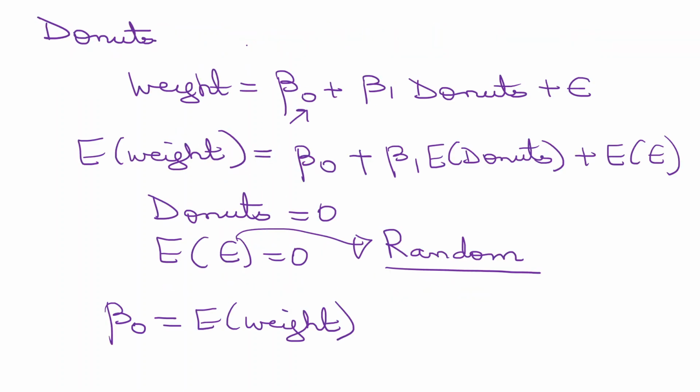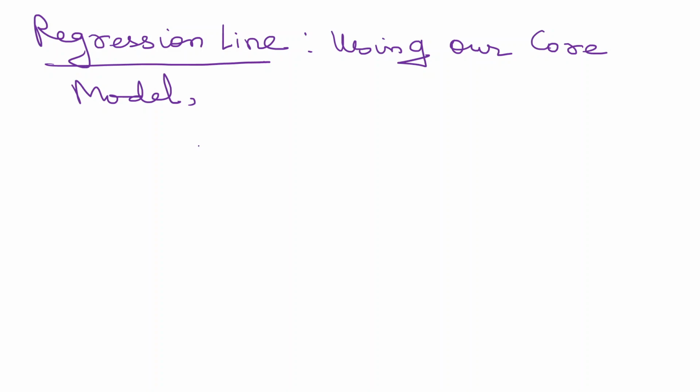Okay, but for now you have to remember that using our core model, which is generally represented as, now we are not writing donut and weight, we are giving general notations to the dependent and independent variable: yi equals beta naught plus beta 1 xi plus epsilon.